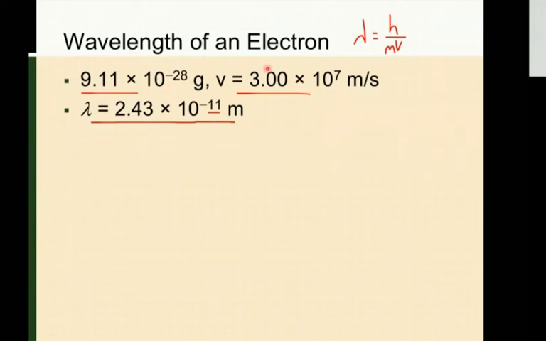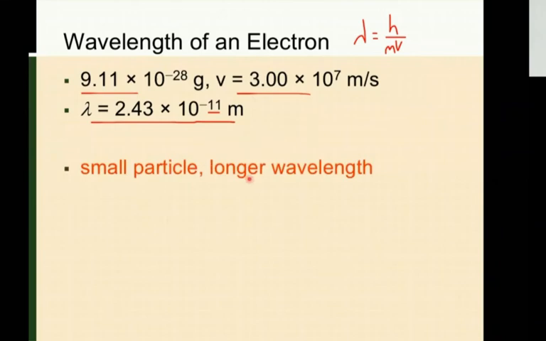So it's a small particle. Electrons are very tiny, but their wavelength is no longer negligible or unimportant compared to the actual size of the particle. And so what we find is that electrons actually have wave-like properties. They form something called a standing wave.